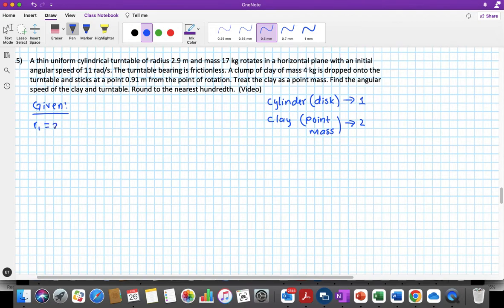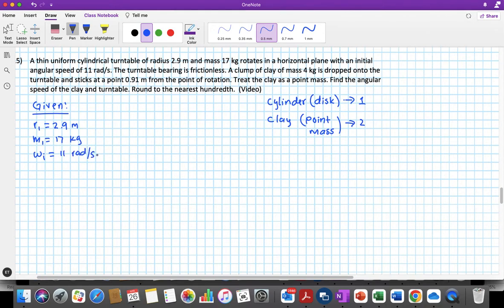That'll be 2.9 meters. And its mass, mass 1, is 17 kilograms. Next, we know that the angular speed is omega initial, which is 11 radians per second.